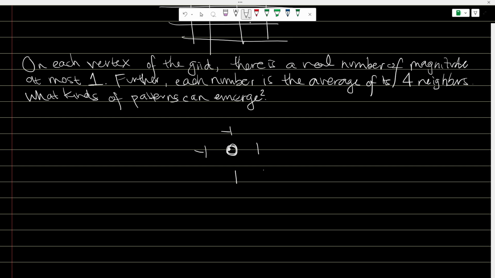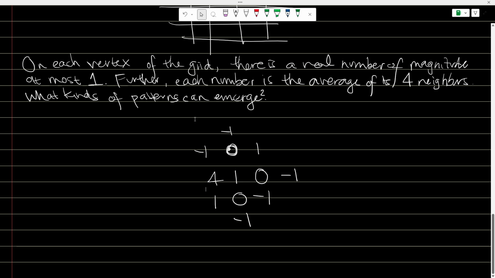So maybe if this is a 0, then this is probably a -1 and a -1, and then maybe if this is 0, this can be a 1 and a -1, something like that. You can keep trying to toy with this and propagate it around, but you can see that I'm starting to build myself into a hole here, because if this is a 0, this is 0, this is a 0, and then the average is 1, that means this has to be a 4. So you can see how naive approaches here might not work.